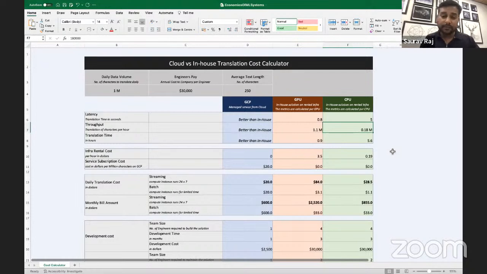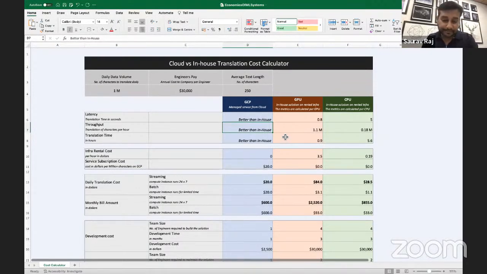The throughput in the cloud would be better than what we have seen in our in-house solutions. We don't have a number for that, but we have observed that it's better generally. Again, the argument is that at the sheer scale at which they operate, the throughput would be better.